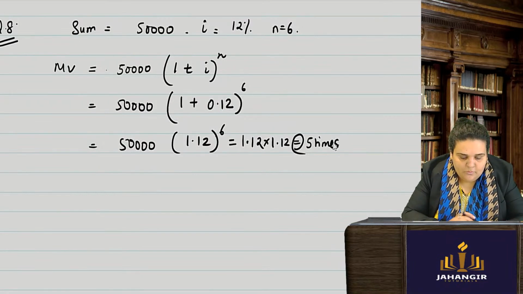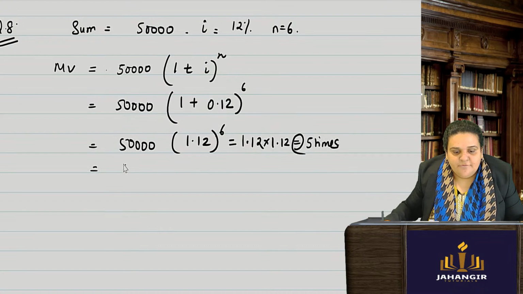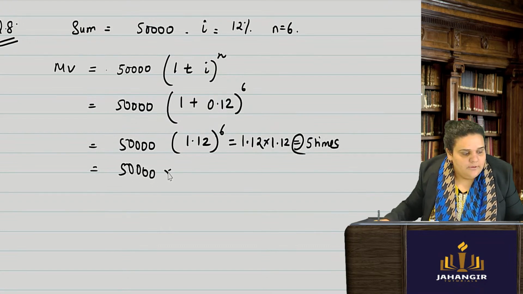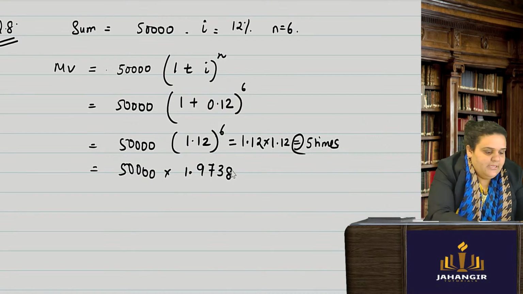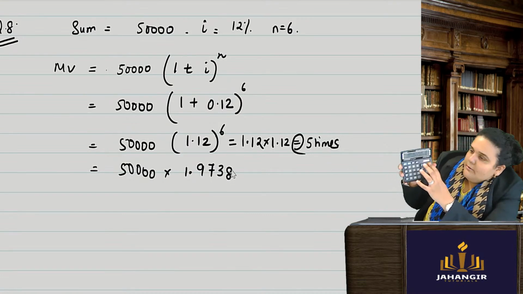So 1.12 into 1.12, equal to 1, equal to 2, equal to 3, equal to 4, equal to 5. Correct. So I am getting 50,000 into 1.9738. Okay, I will show you on my calc what I did.